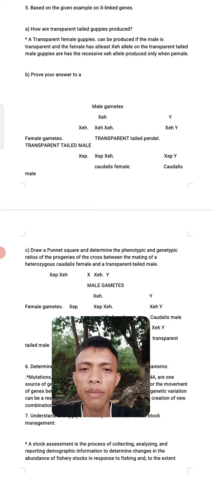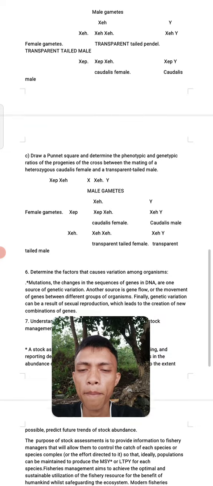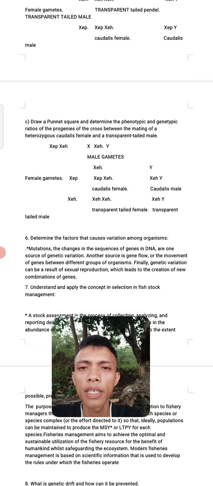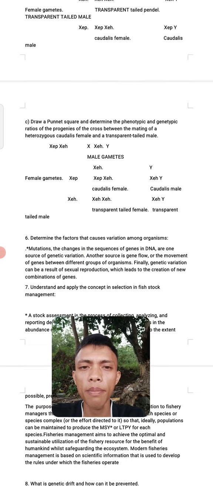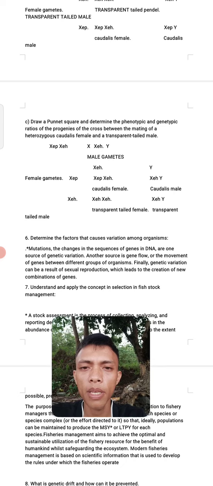Sa may caudalis female naman and sa may male, caudalis male. Letter C. Draw a Punnett square and determine the phenotypic and genotypic ratios on the progenies of the cross between the mating of a heterozygous caudalis female and a transparent tailed male.